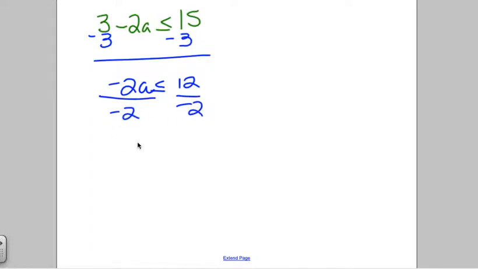And so when I'm dividing by a negative or multiplying by a negative, that means that I have to switch my inequality. So a is going to be greater than or equal to a negative 6. Now when I plot that on the number line, I have negative 6. A is greater than or equal to, and so I shade to the right.